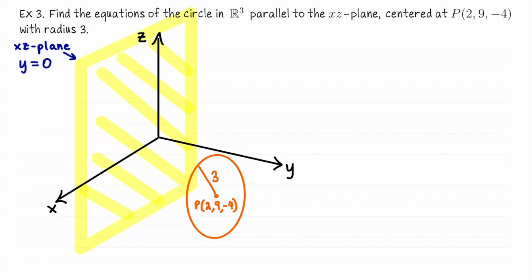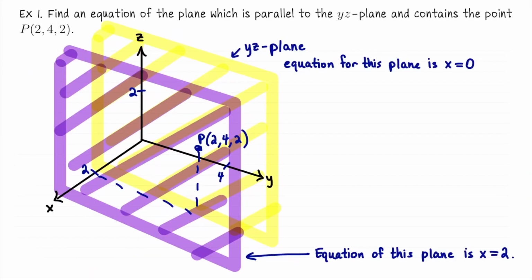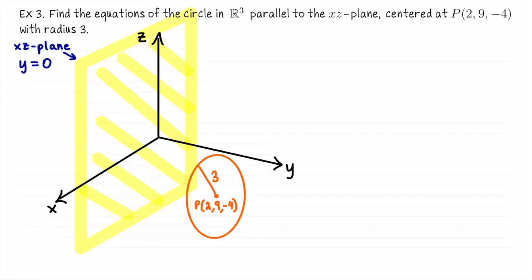Now let's think about what has to be true about the Cartesian coordinates x, y, and z for every point on this circle. If you think back to our first example, we had two parallel planes. One was x equals 0, the other was shifted 2 units in the positive direction along the x-axis, so the equation of this plane was just x equals 2. We're going to have a similar fact here about the y-coordinate.